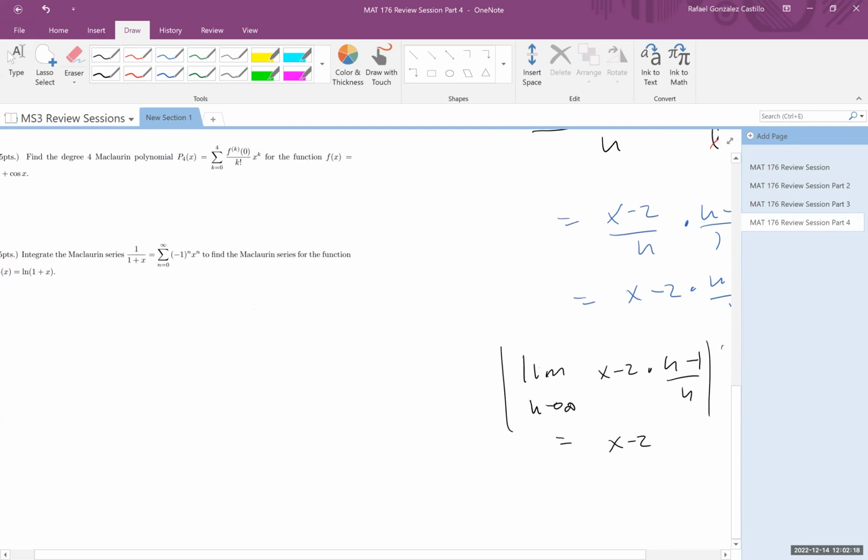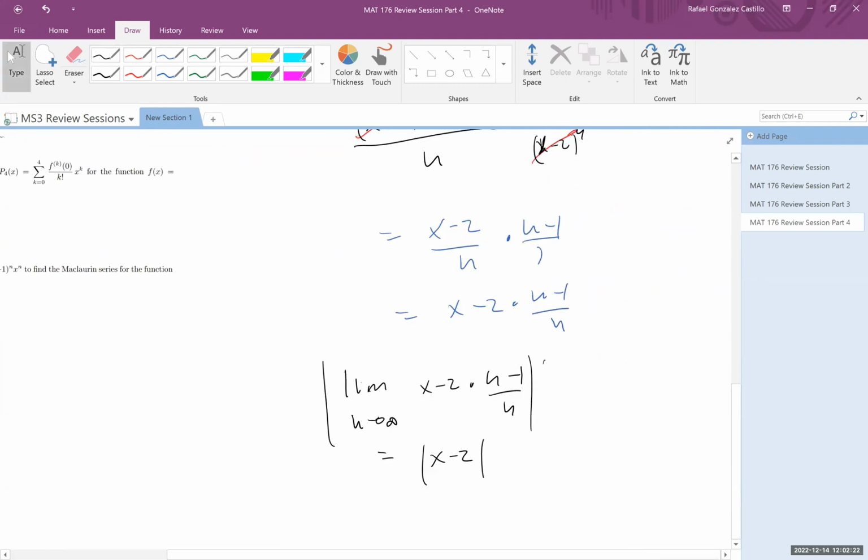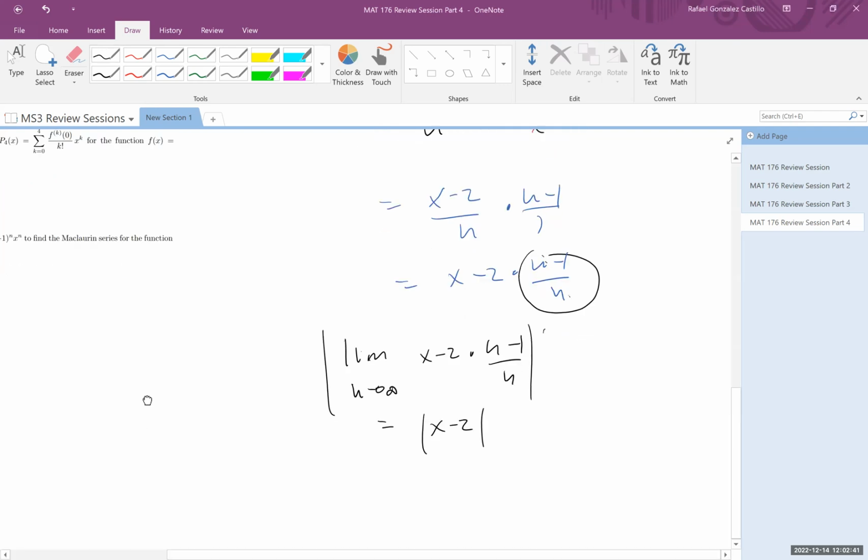This is going to be x minus 2, because this piece is the only one that has n's in it. And this piece, (n minus 1) over n, that limit is just 1. And 1 times (x minus 2) is just x minus 2. So we simply get the absolute value of x minus 2, and we're almost done with the problem now.